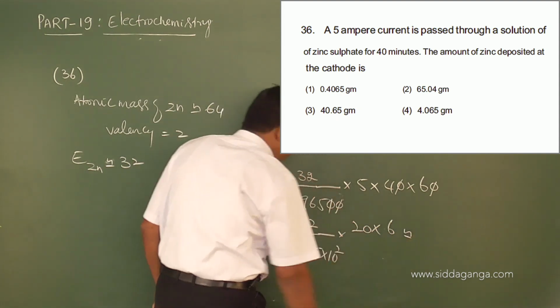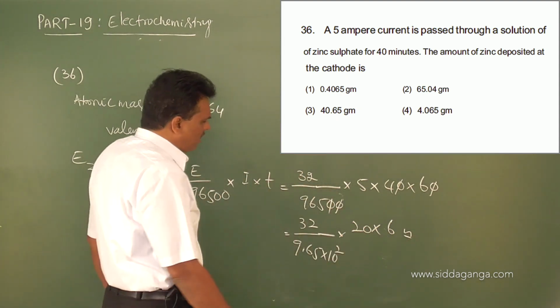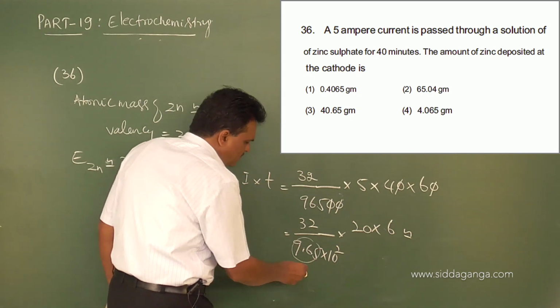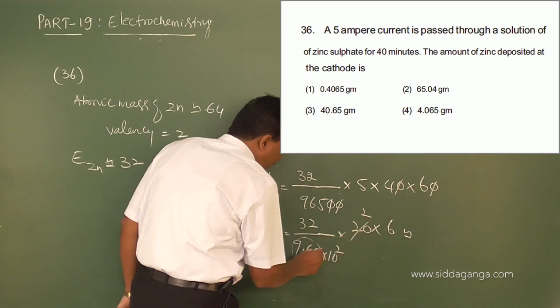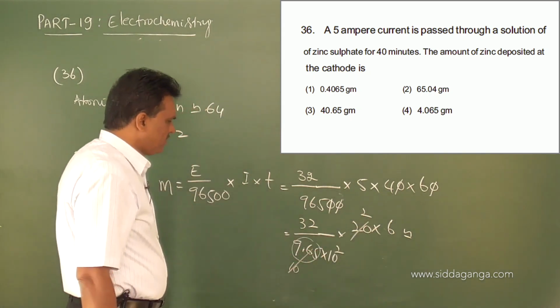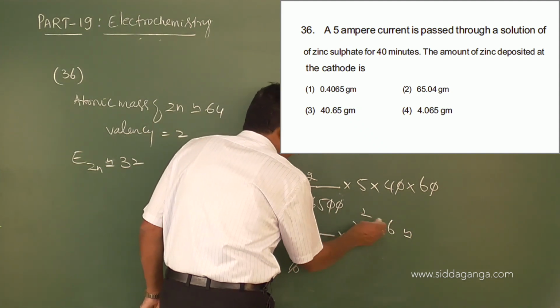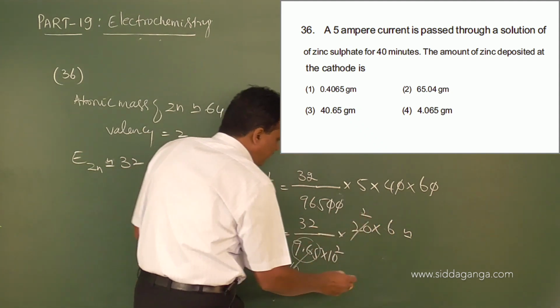This is also equal to, or approximately taken as, 10. Is that clear? So here 6 into 2 is 12, into 32.